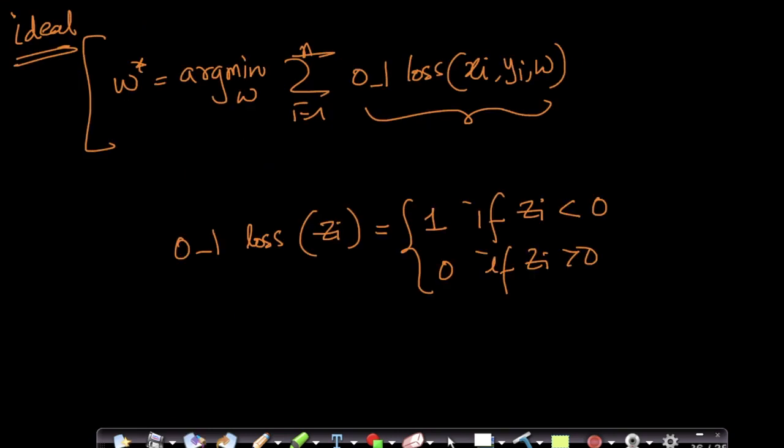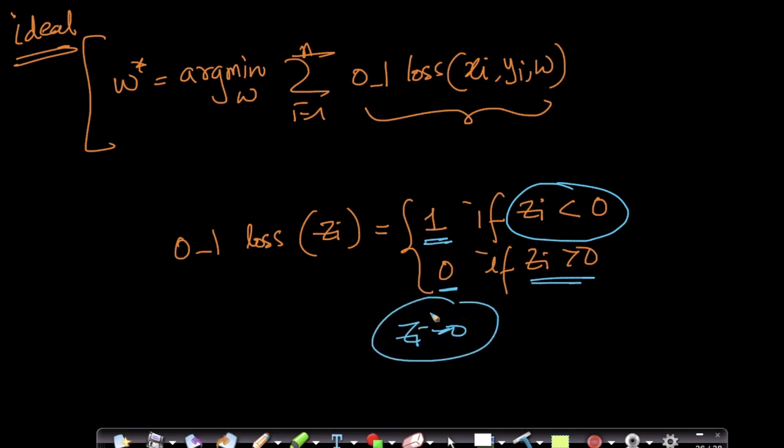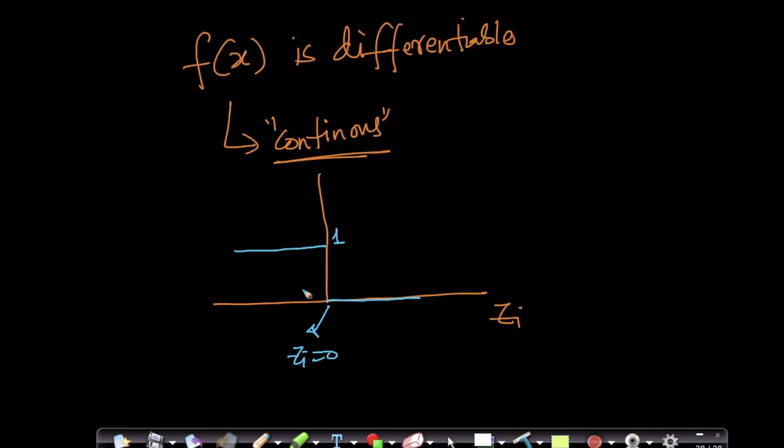Look at this formulation: 0-1 loss of Zi is equal to 1 if Zi is less than 0, but if Zi is greater than 0, it is 0. But what if Zi equals 0? When Zi becomes 0, this value can either be 1 or 0. It's not clearly defined, because the 0-1 loss function is not continuous at Zi equals 0.